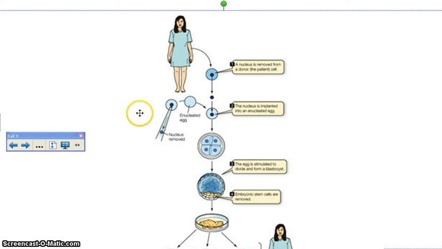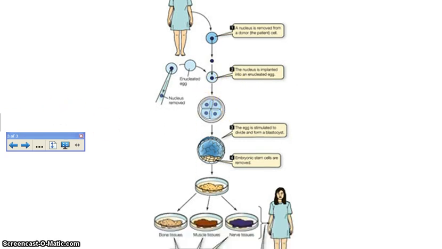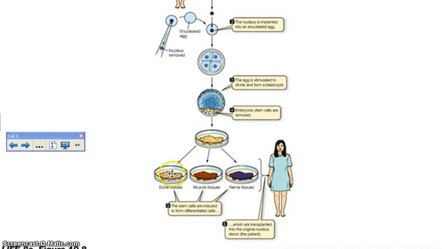However, if we take a cell from the person that needs the new heart or the new pancreas or the new ligament or something like that, and we implant that nucleus into the empty egg, then this embryo is going to be a clone, is going to have the exact same DNA as the person that donated the nucleus, as the person that needs the heart or the pancreas or the ligament. So then the person won't have to go on immunosuppressant drugs. And it'll be just like they have their own heart with their own DNA, because it is.